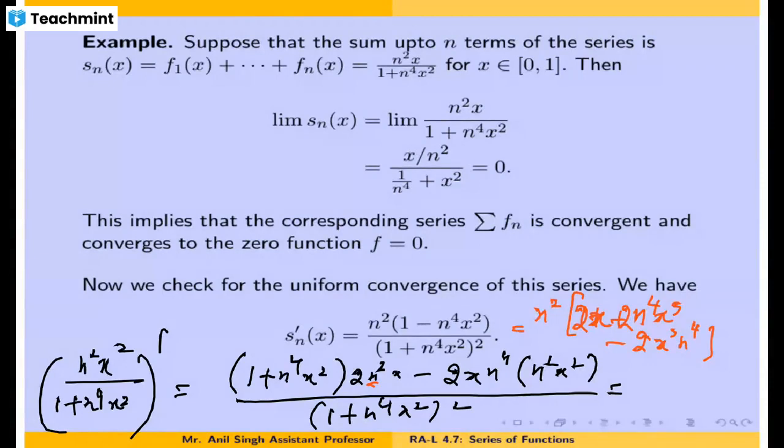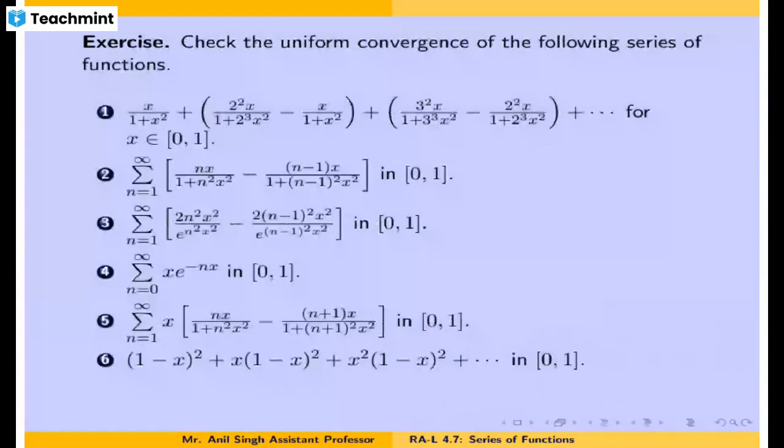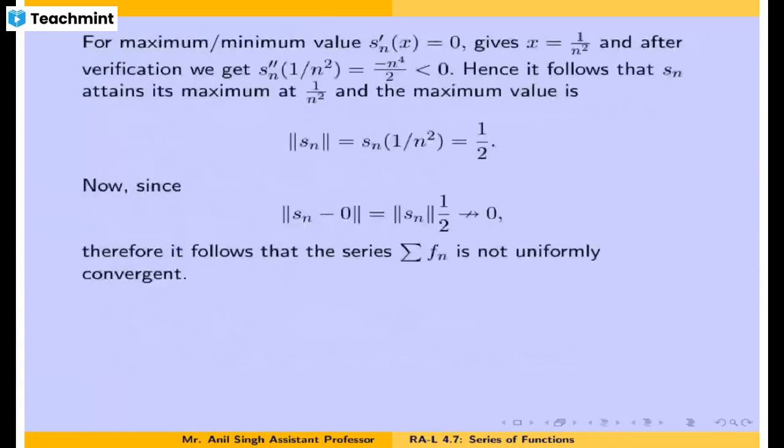Is it accurately calculated? I think there is some problem in the derivative of this function. Let me calculate it separately. We have this function S_n(x) equal to n square x upon 1 plus n to power 4 x square.